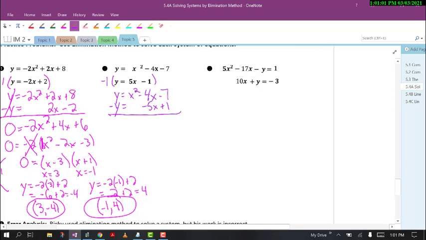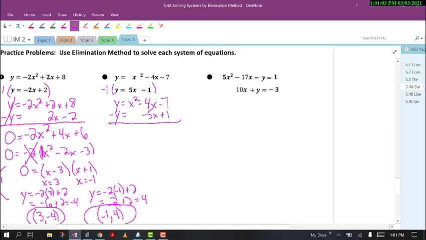No x squared term in the second equation, so I skipped it. Equals 0. X squared minus 9x minus, oh, we've got a typo here. It should be plus 7. So when we add 7 and 1, we get a positive 8. That's the equation we want to solve.